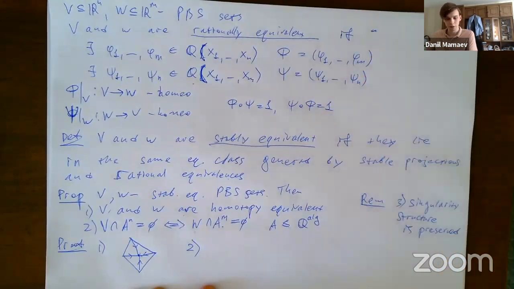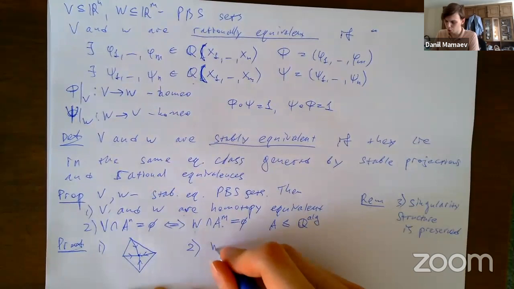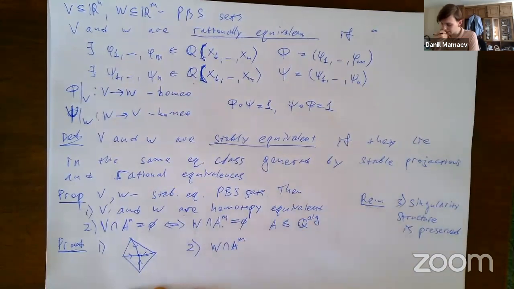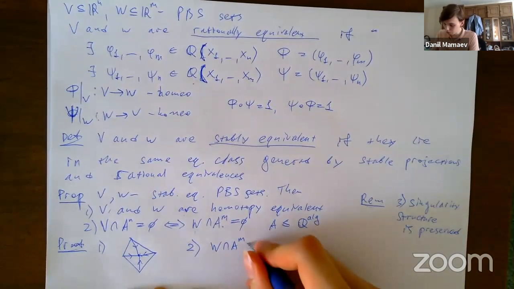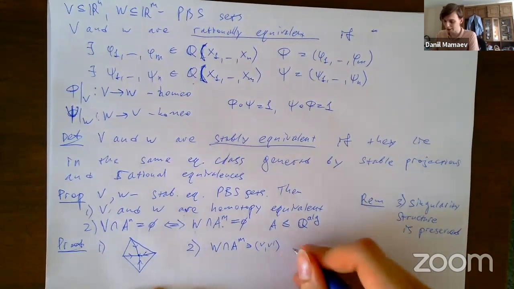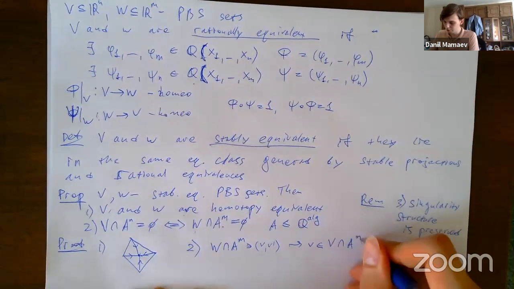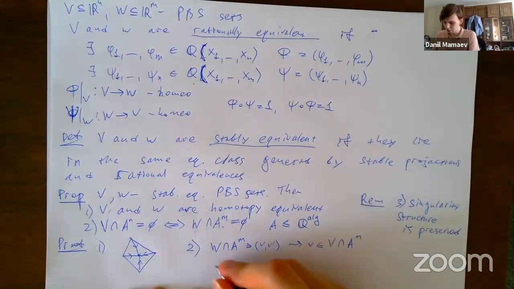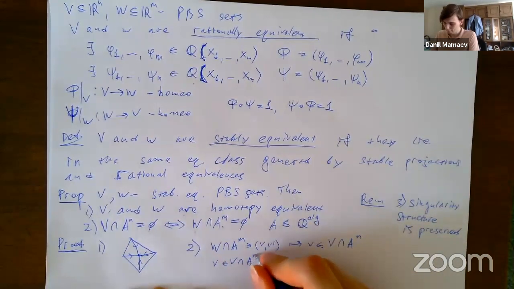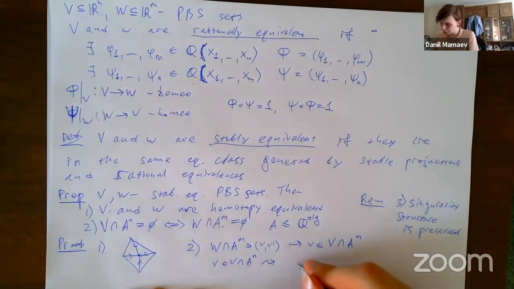And for stable projections, suppose we have a point in this thing, some v prime, then v is a point in this thing. And I think the other direction should be a bit trickier. And we want to find a v prime.